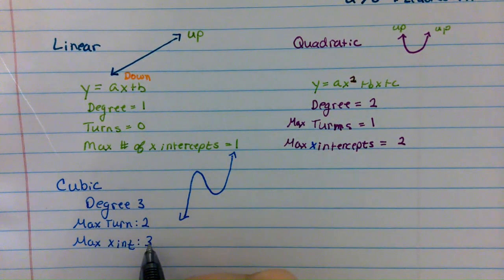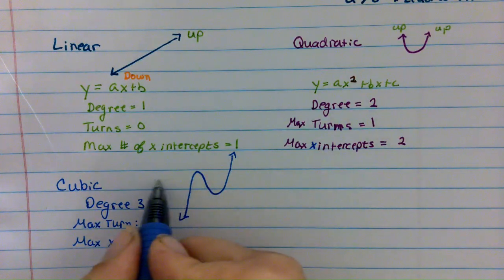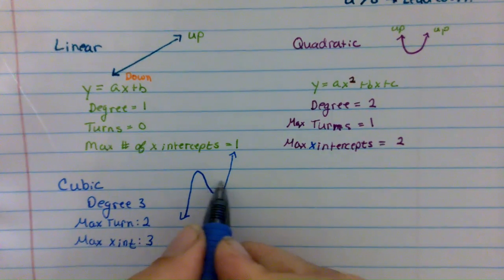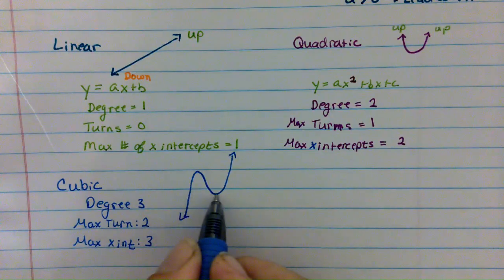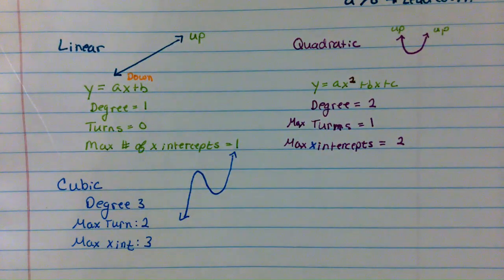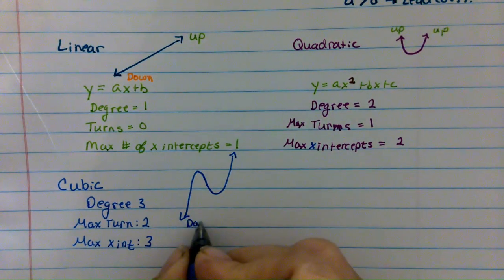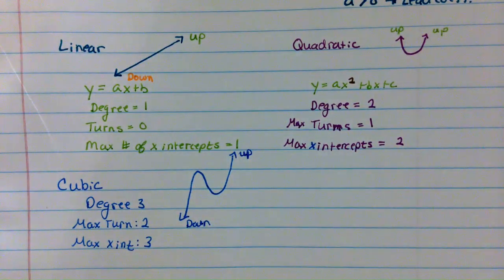So you'll notice again the max intercepts matches the degree, because if the x-axis were here, it would cross 3 times. If it were down here once, if it came right across, it would get a cross and a bounce. So it's possible to touch twice, and we'll notice that it was down on the left and up on the right.